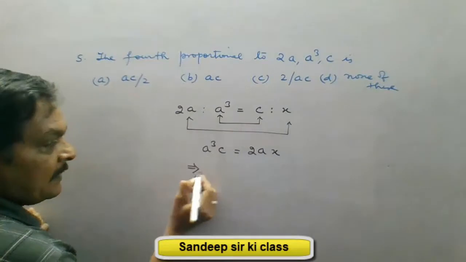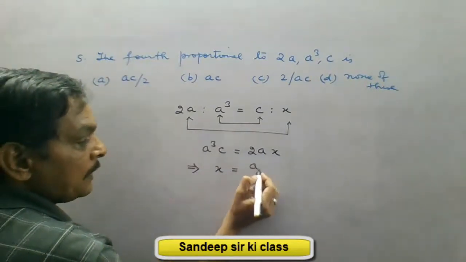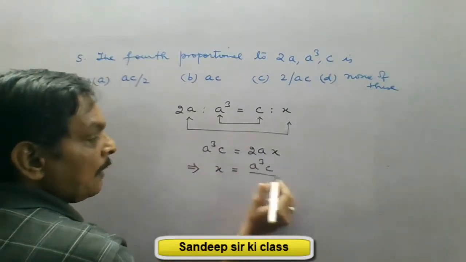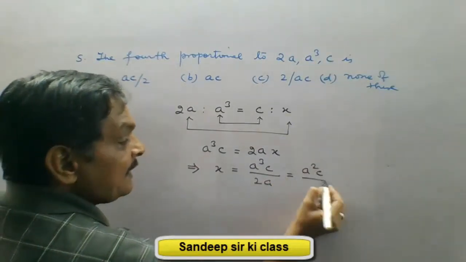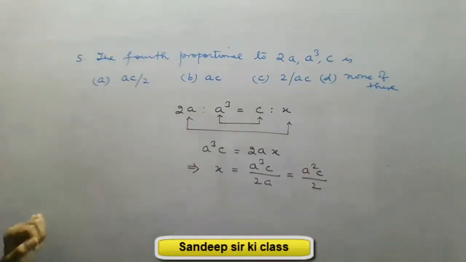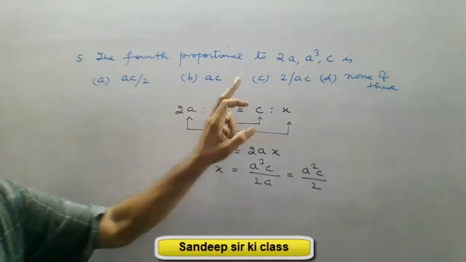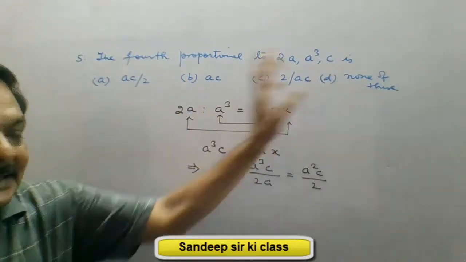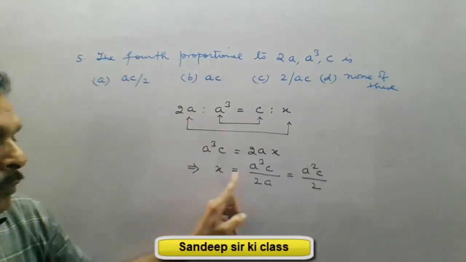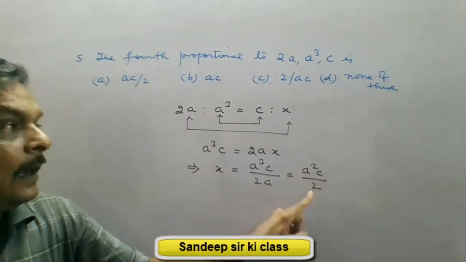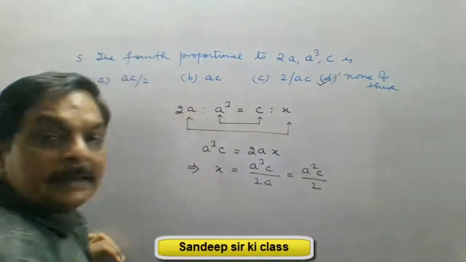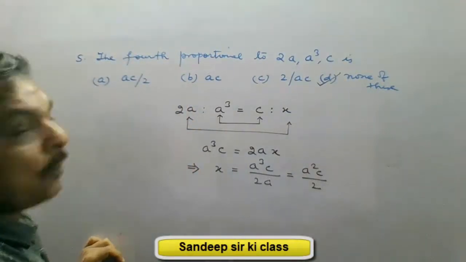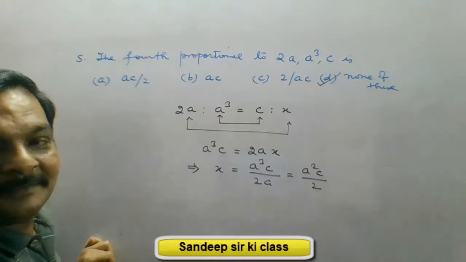This gives us x equal to a cube c upon 2a, which is equal to a square c upon 2. Now we note here that none of these is correct. Fourth proportional is a square c upon 2. So our option D here is correct. Now we will see the next problem.